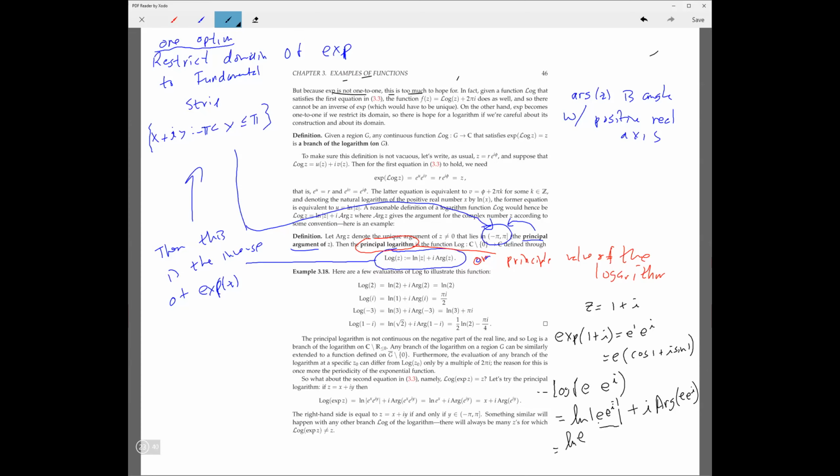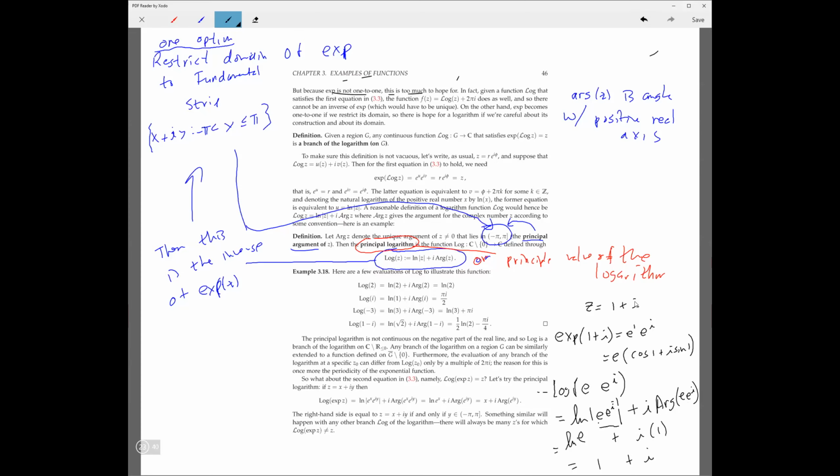Oh, I see. The argument is just going to be 1 because this e to the i theta is 1. So the argument is just 1. And this is just going to be e. No, that's just going to be 1. I'm sorry. Log of e is 1, and this is i.